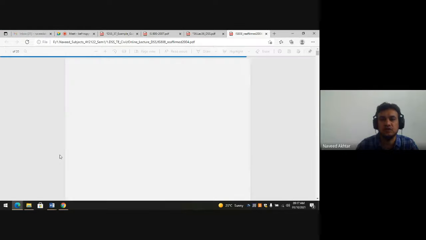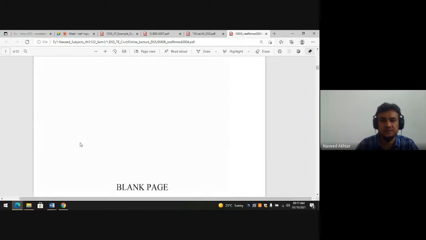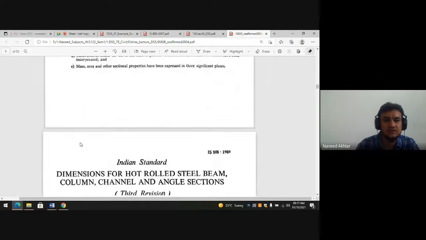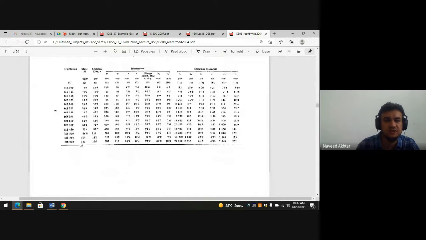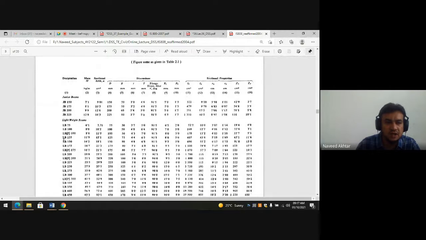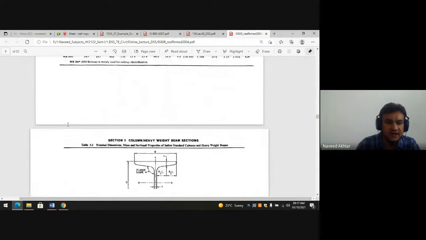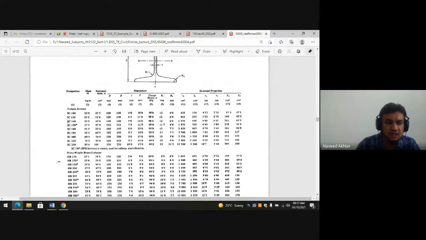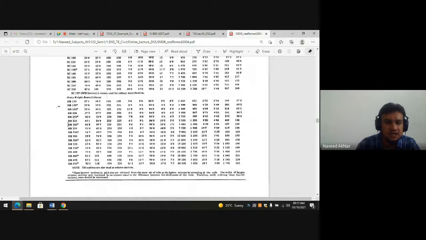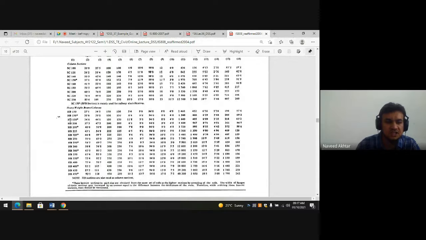To go for that, you can see the ISHB 350. Let's go for that and see the ISHB 350 properties. This is ISMB, standard medium beam, ISJB, junior beam, light beam LB, WB is the wide flange beam, SC is the column section, or senior column section you can say, or HB is the heavy beam.